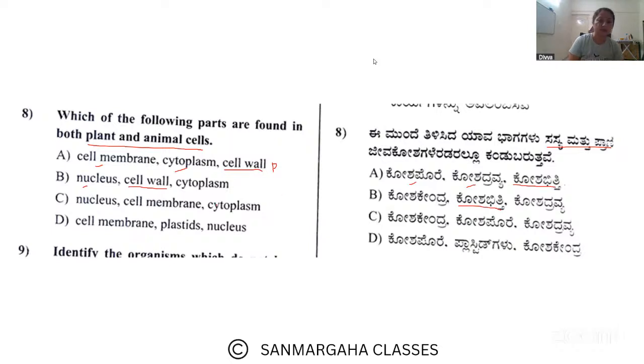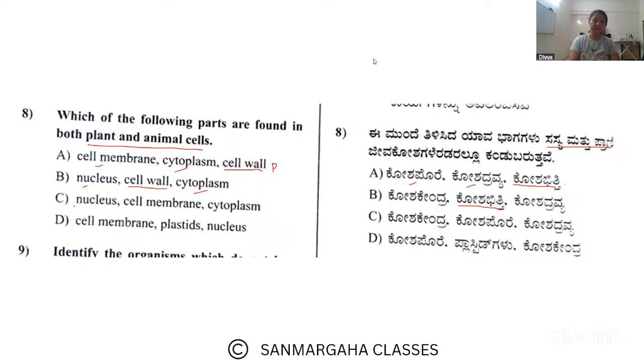Now cytoplasm, yes, cytoplasm is found in both plant and animal cells. Okay, so this option is also not right. There is a nucleus, there is cytoplasm, but there is no cell wall.